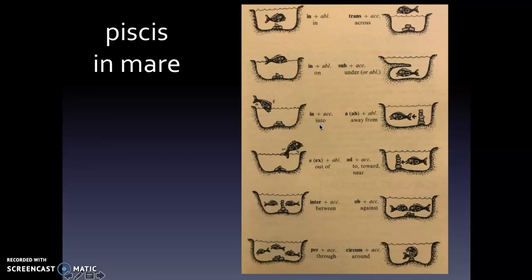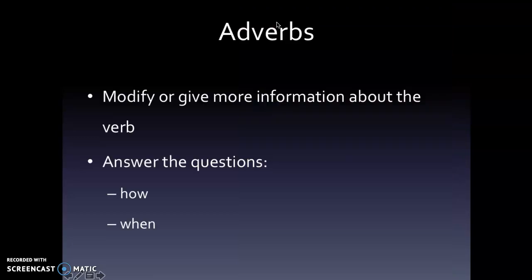I know I said a moment ago that all prepositions take either the ablative or the accusative, and that is true the vast majority of the time. As far as I know, in is the only one that can actually take both, and it means slightly different things. So in plus the ablative is just showing location. In plus the accusative is showing motion, so into the water versus the fish is simply in the water.